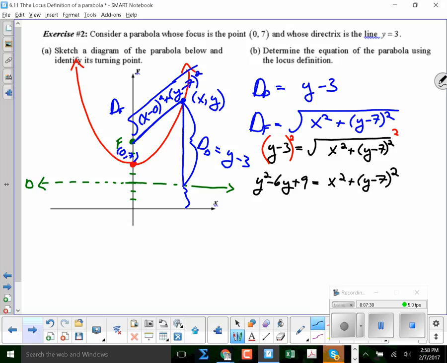So far, so good? Okay, now I'm just going to FOIL out this y minus 7. y squared minus 6y plus 9 is equal to x squared, and I'm just going to FOIL this in my head, y squared minus 14y plus 49.